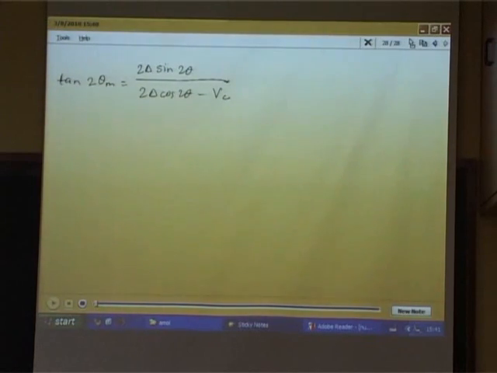So let's look at what values theta m can take in principle. One thing to note, of course, is that when VC is equal to 0, it matches. It is just equal to tan 2 theta. So let me try to plot. This is VC and this is tan 2 theta.